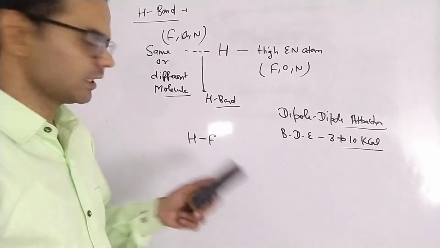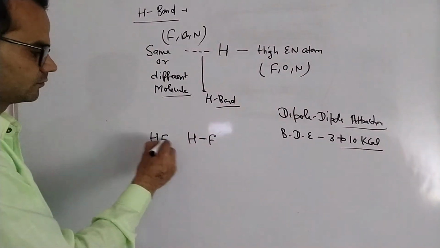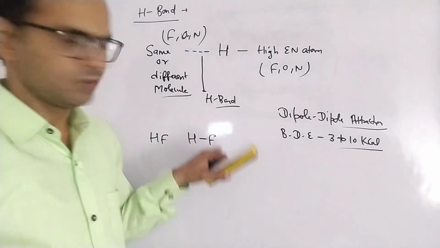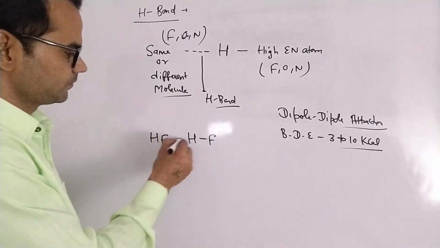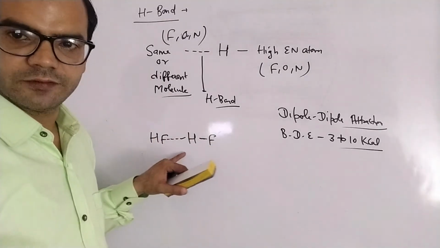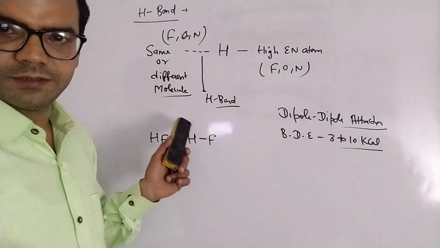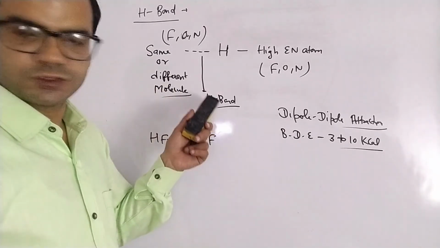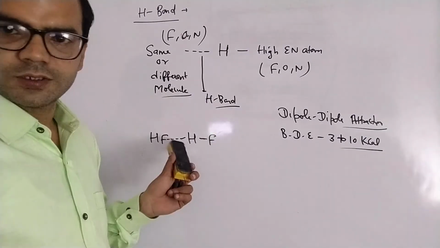But if we have another molecule of HF, now this hydrogen is attached with a highly electronegative atom, so it forms a weak electrostatic force of attraction with the other electronegative atom, right? And hydrogen bond is represented with the dotted line. Other bonds we show with the solid line, but hydrogen bond is denoted by a dotted line.